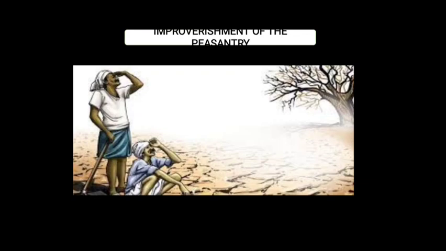And for the Indians, any kind of land which is related to their family, they take as the mother. So they do not feel it necessary to sell off their land or give off their land.